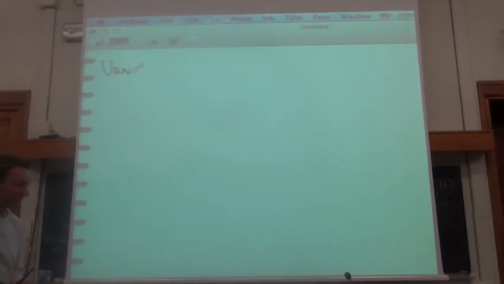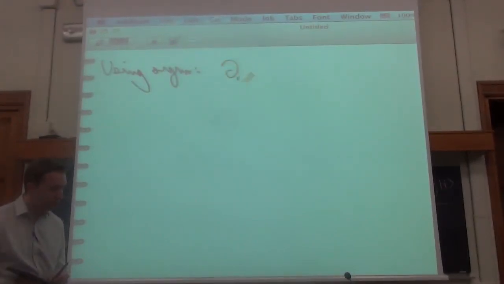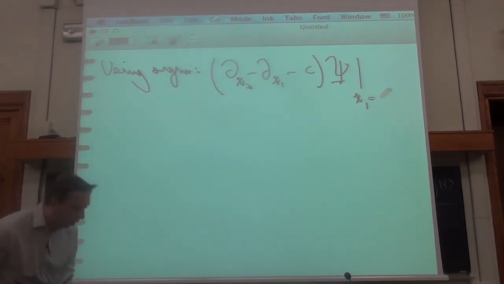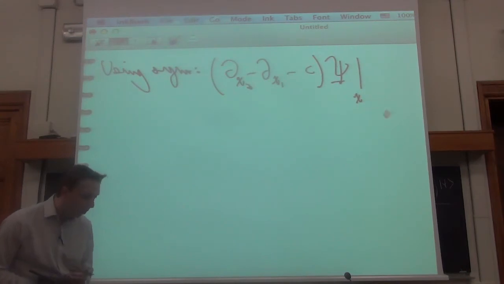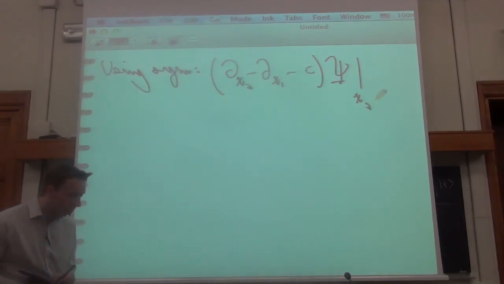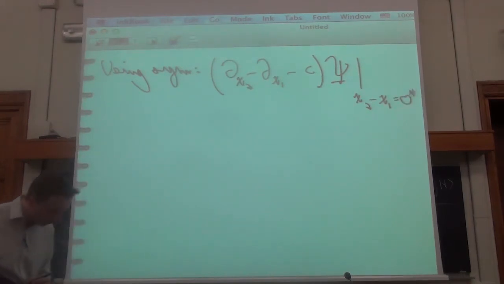Using symmetry, the condition is that the derivative with respect to x2 minus the derivative with respect to x1 minus the interaction parameter applied on the wave function, evaluated at x2 minus x1 equal to a small positive number, has to be 0.